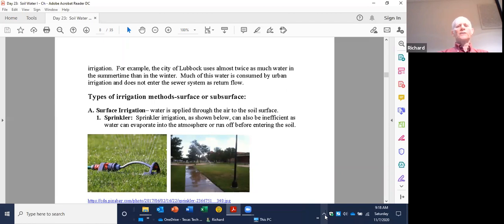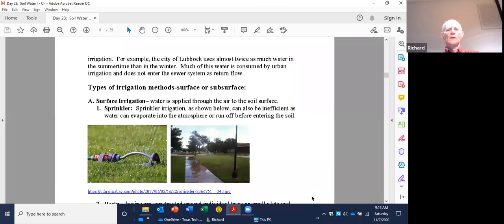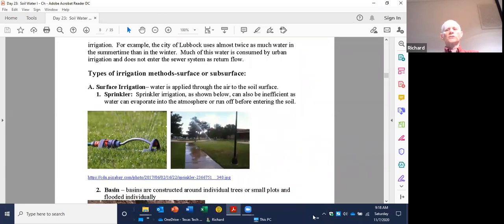If we talk about the different types of irrigation methods, there are two general categories, either surface irrigation or subsurface irrigation. In surface irrigation, water is applied through the air to the soil surface. There are several different types of surface irrigation. First, I want to talk about sprinkler irrigation.